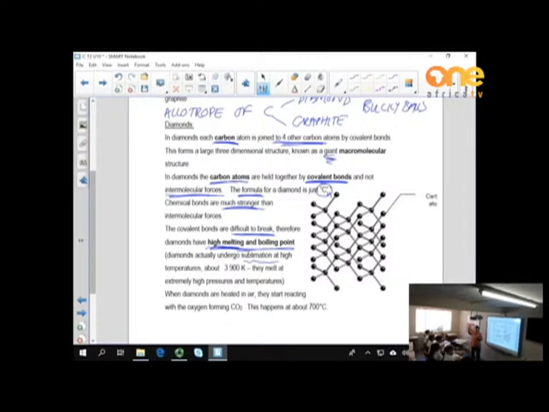But they very easily condense, and if they condense just under normal atmospheric pressure, it will form soot. The black stuff, if something burns, is carbon. Okay, so diamonds undergo sublimation at very high temperatures, about 3,900. They will melt at extremely high pressures.